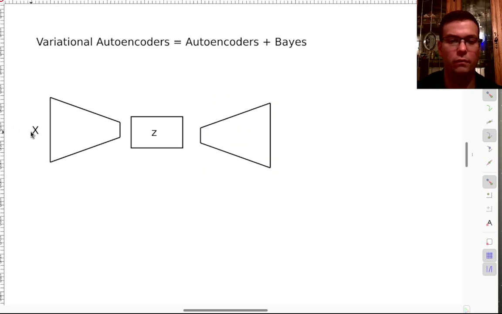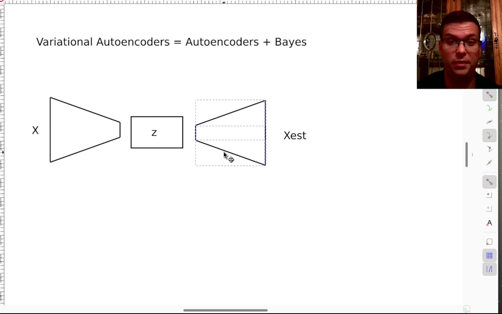And for now, I'll call that X estimate, X-E-S-T. That's how I've reconstructed X here. Now so far, this describes exactly the autoencoder that I made a moment ago.